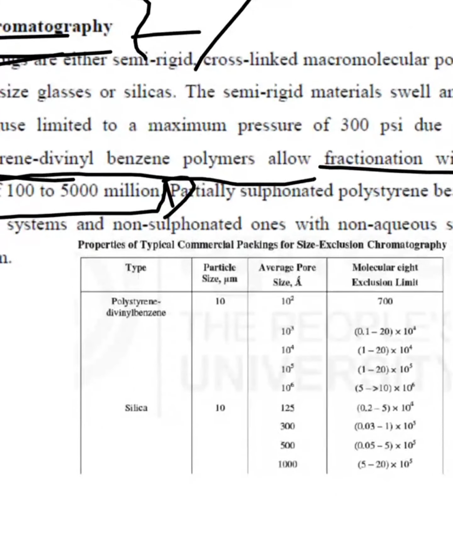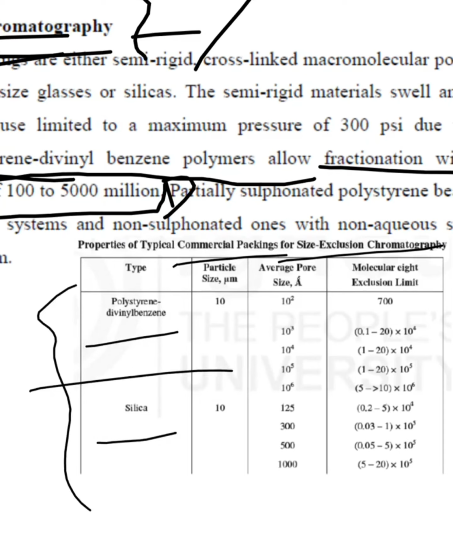Here, the properties of typical commercial packing for size exclusion chromatography, for the types polystyrene divinyl benzene and silica. These are different adsorbents used in the stationary phase.